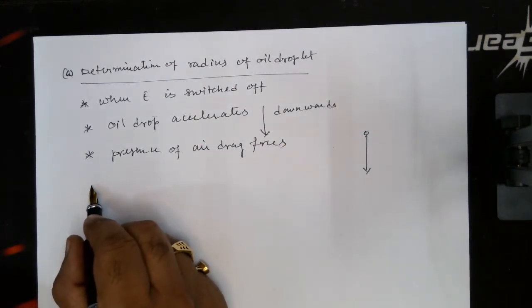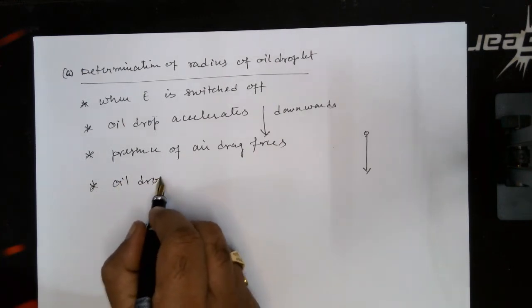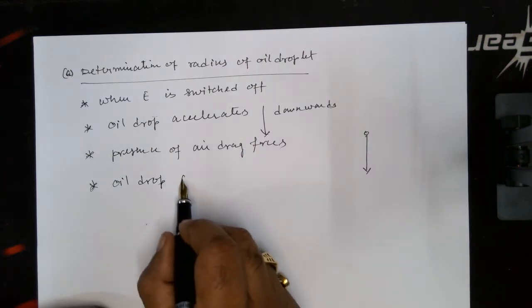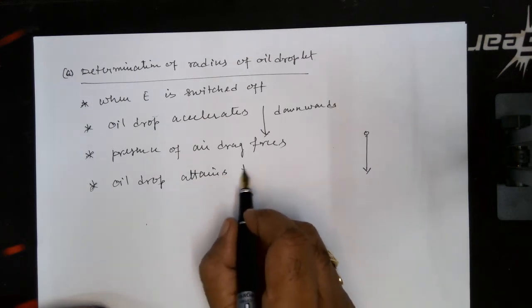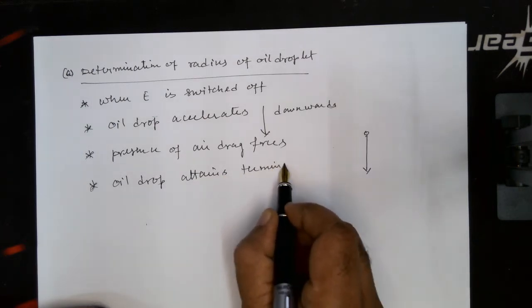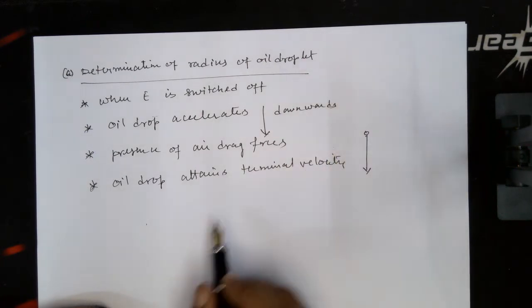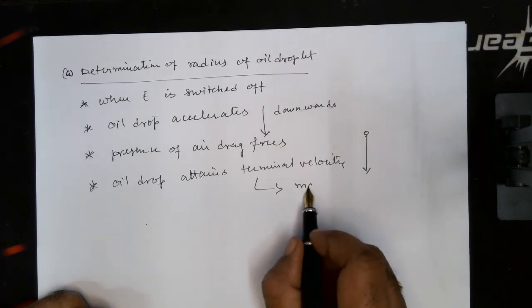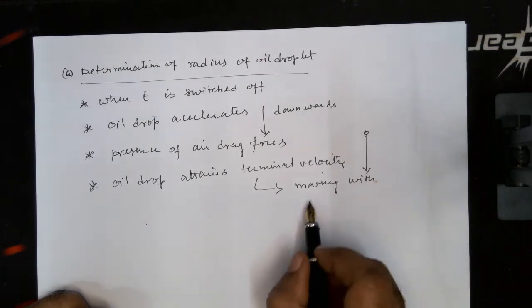So the oil drop attains its terminal velocity, that is moving with constant velocity.